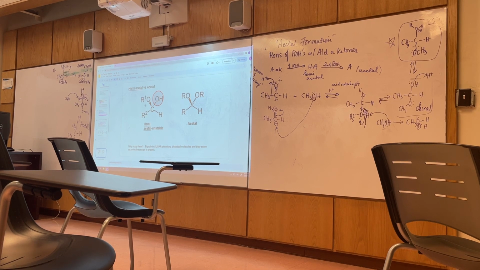You've made ROC, which is the same as COC, which is the same as an ether. ROR is an ether. COC is an ether. That's what you've been naming for your quiz yesterday. So you made one ether in the hemiacetal, and in the acetal, you made two. COC, COC. So we made ethers.